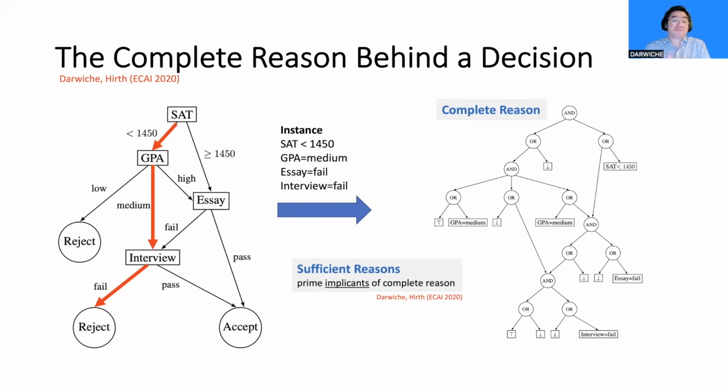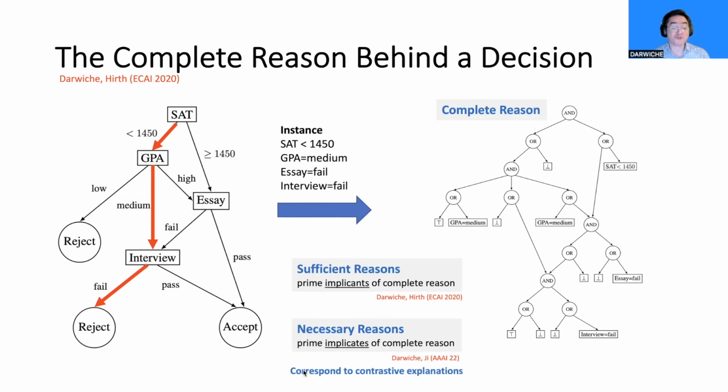Typically, for a formula, you talk about its prime implicants and prime implicates. What happens if I compute the prime implicates of this guy? And we refer to these as necessary reasons, for a very good reason, in this paper. We showed that they correspond to what is known in the literature as contrastive explanations.